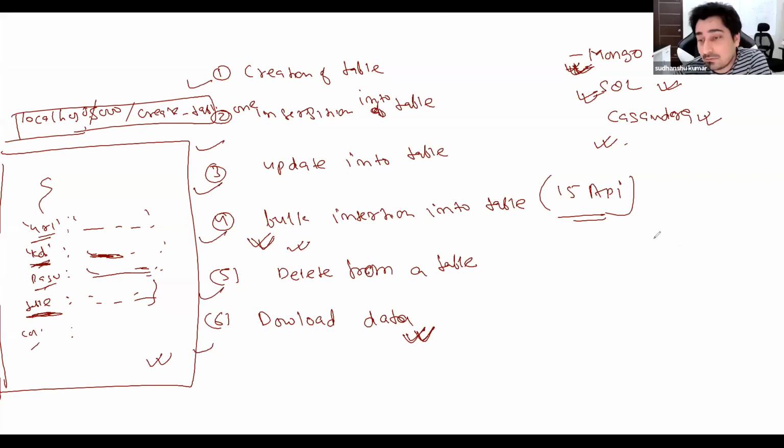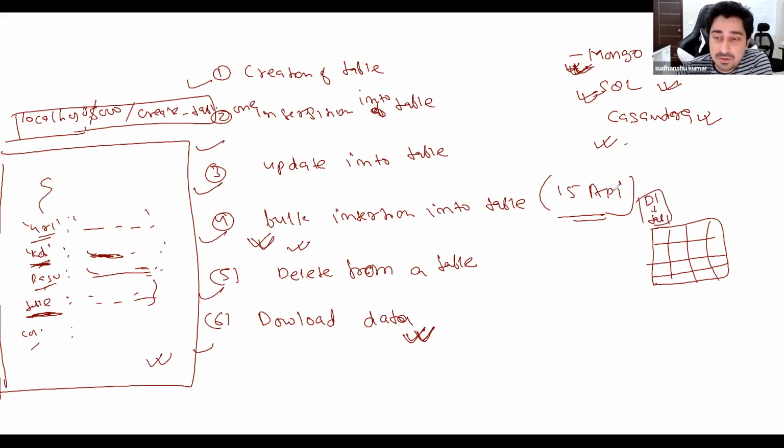Yes. Suppose there is a table available inside your database. The table name is TAB1, and it is inside our database db1. This is the hierarchy. Generally, you do a select star from db1.table1.